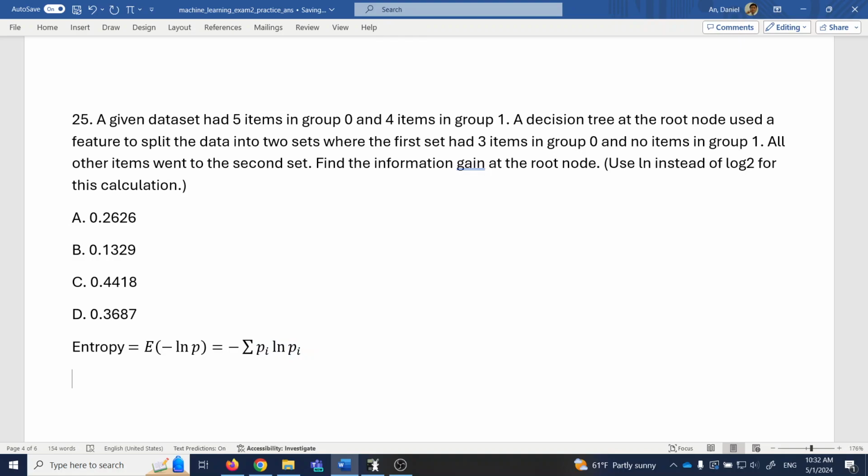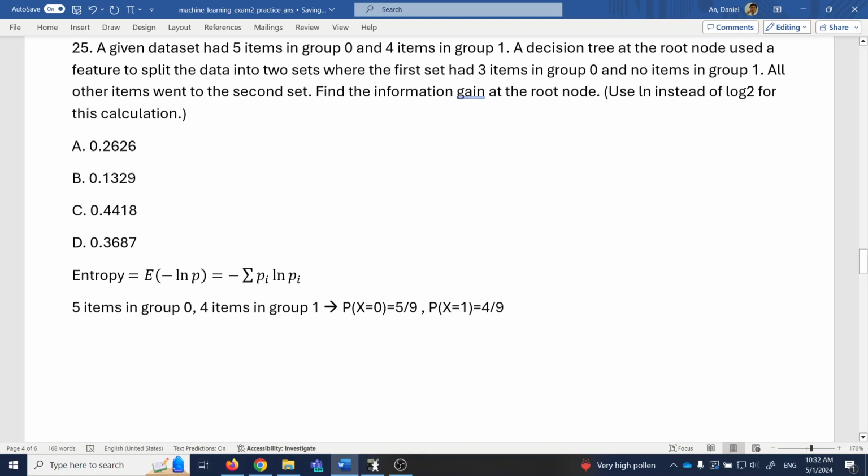Okay, so let's compute the entropy before the root node. Originally you have 5 items in group 0 and 4 items in group 1, which means that the probability that any random choice from these 9 items belongs in group 0 is 5 out of 9, whereas the probability that it will be from group 1 is 4 out of 9.